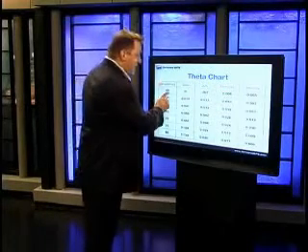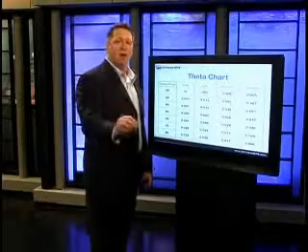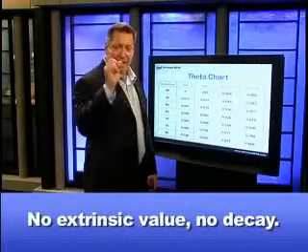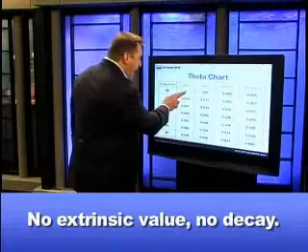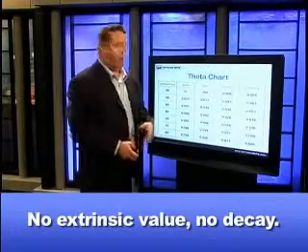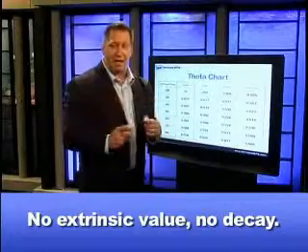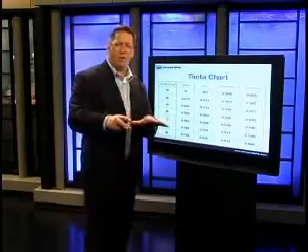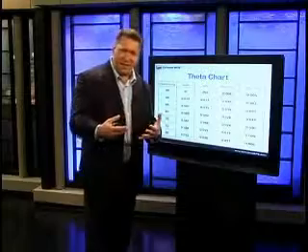Because this option here, this deep in the money, will trade with almost only intrinsic value. If it has no extrinsic value, then it's not going to have decay. Stock only has intrinsic value. There's no extrinsic value in stock. Thus, it doesn't decay. Same with any deep in the money option that is acting just like stock. An option with 100 deltas is said to be trading at parity. What does parity mean?